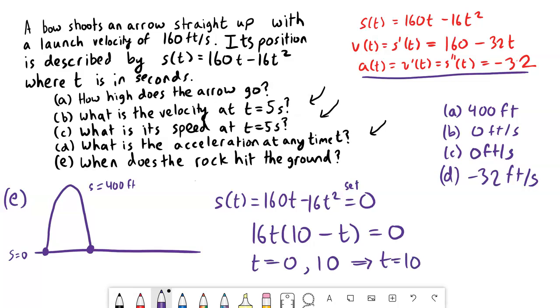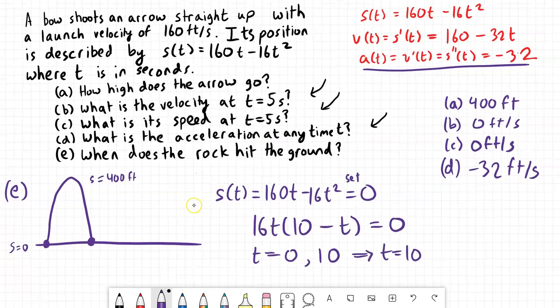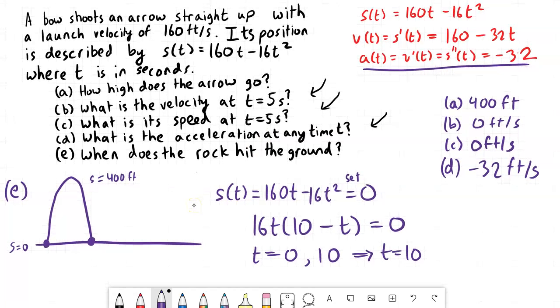t equals 10, right? So I am going to just simply plug it into the function s of 10. This is where everything comes together. 160 times 10 minus 16 times 10 squared. And let me just type that into my calculator.